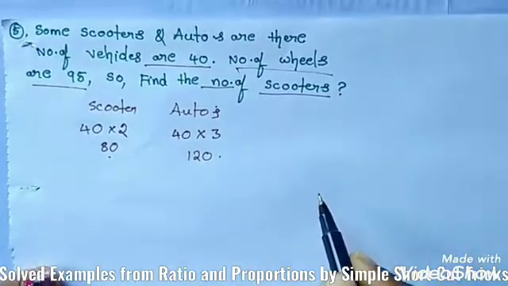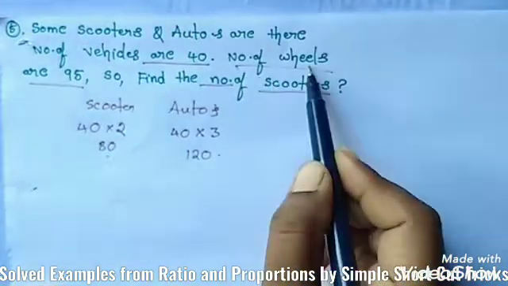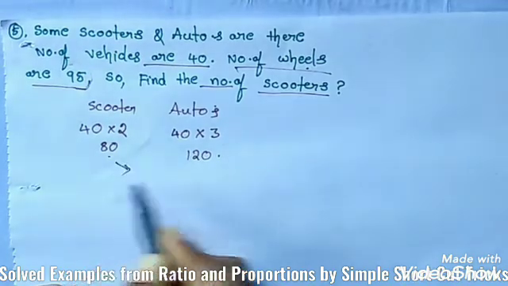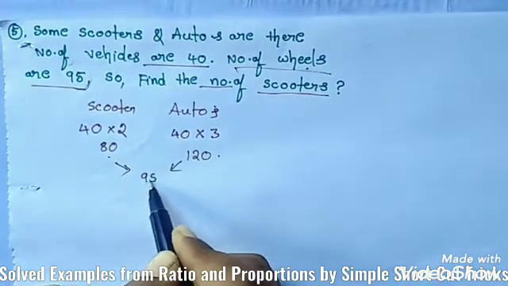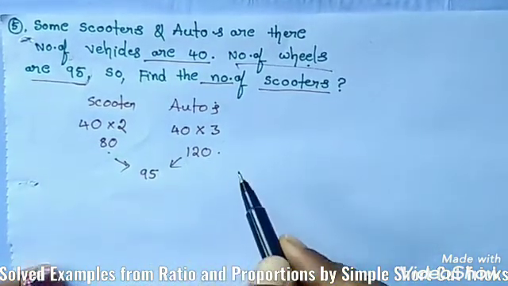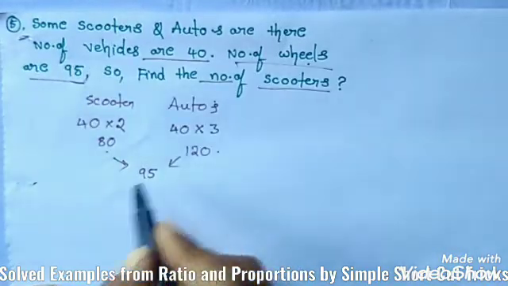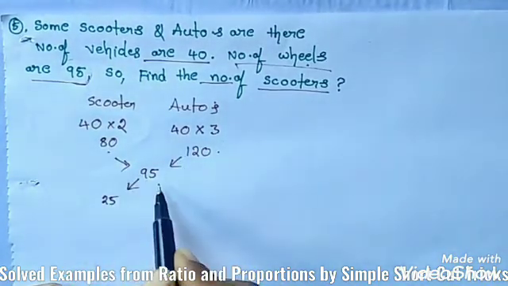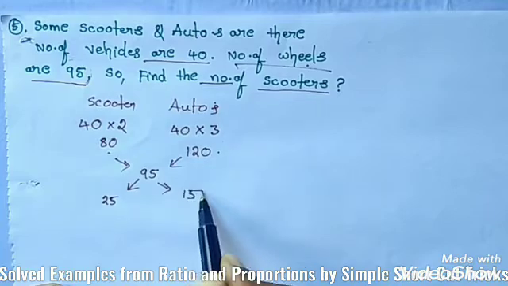Between these two numbers, the number of wheels they have given is 95. So that 95 you have to write in the middle of the numbers. Now you have to subtract simply 120 minus 95, 25. Now 95 minus 80, 15.